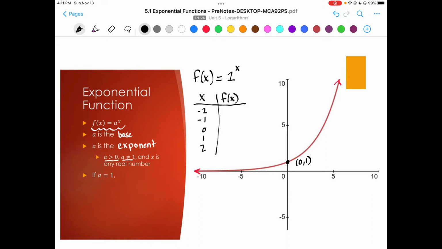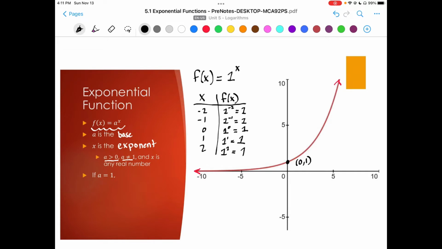So 1 to the -2 is still just 1. 1 to the -1 is still 1. 1 to the 0, or anything to the 0, is 1. And 1 to the 1 is 1. And 1 to the 2 is still just 1.